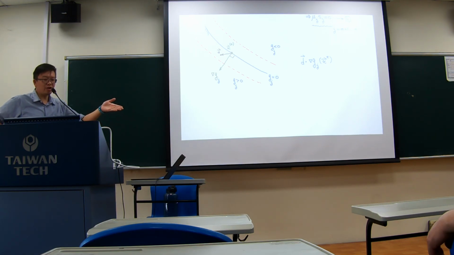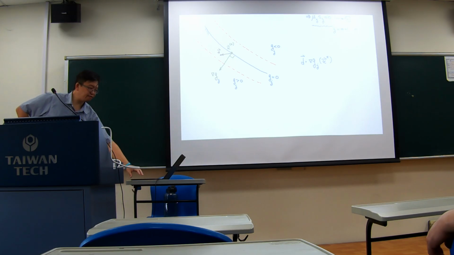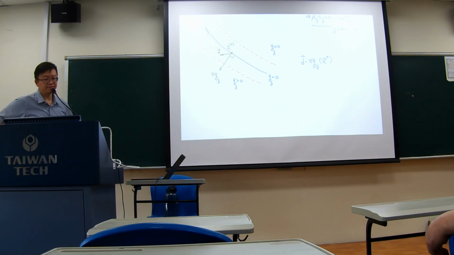You will end up with a point that is not feasible. That will violate the constraint. So from here you can see d dot gradient of G cannot be positive, right? Cannot be positive.